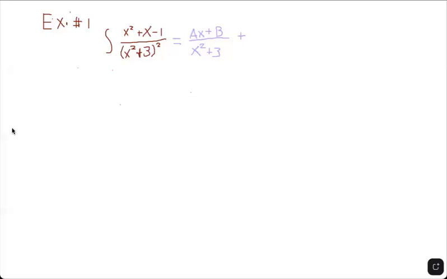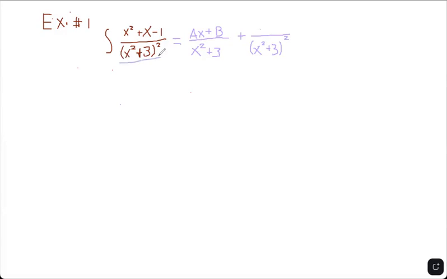Same idea. Now that we took the basic form, now we're going to include the whole thing right here. x squared plus 3 squared, because we're taking into account the squared portion.